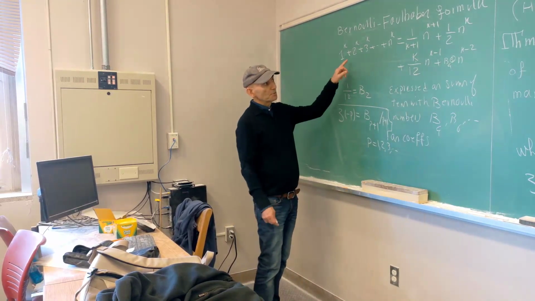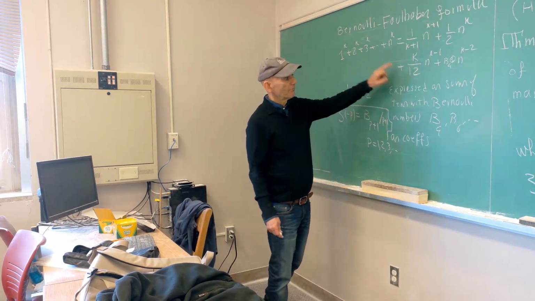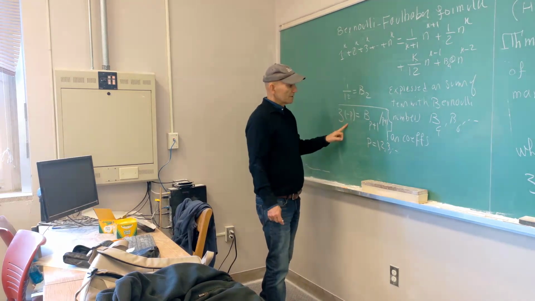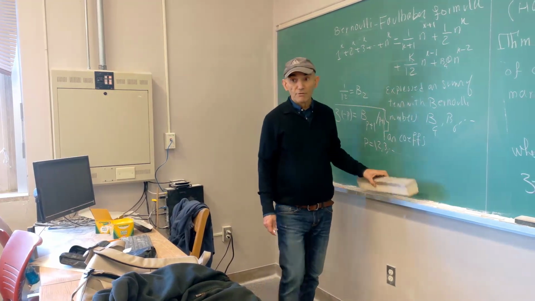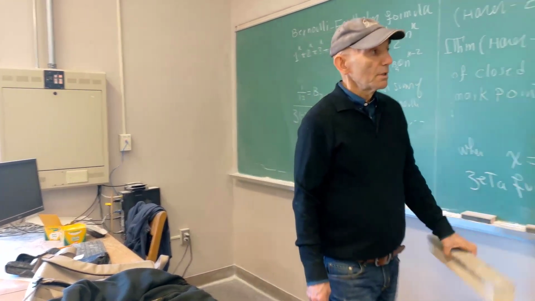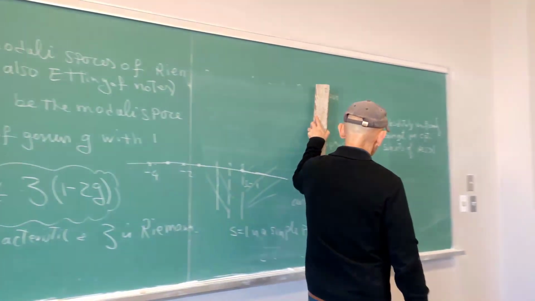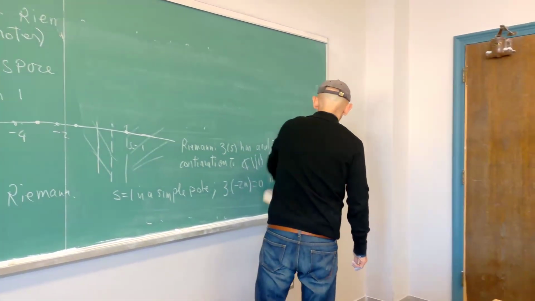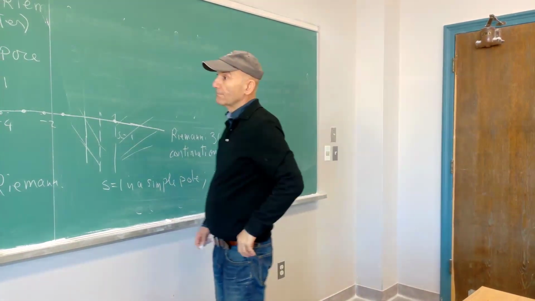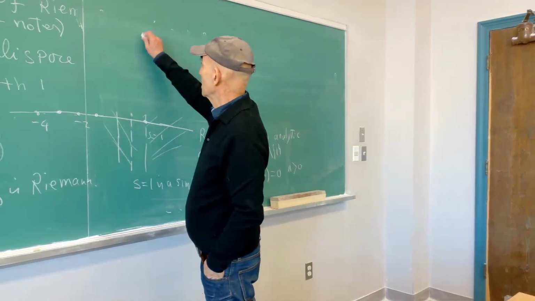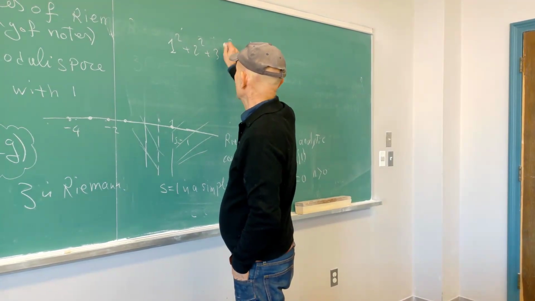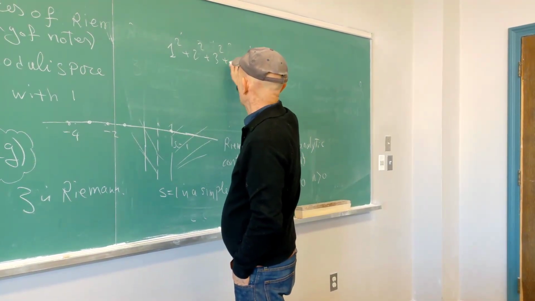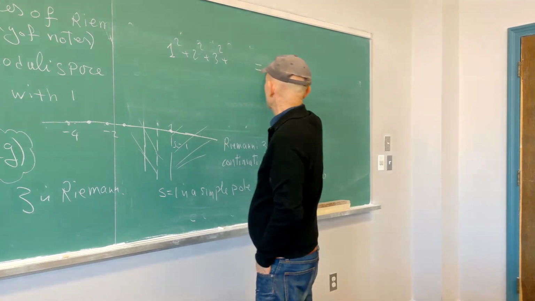So is there a relation between this fact and this fact? That's kind of the source of a lot of fun formulas that people like to write. For example, people like to write 1 squared plus 2 squared plus 3 squared is equal to 0.